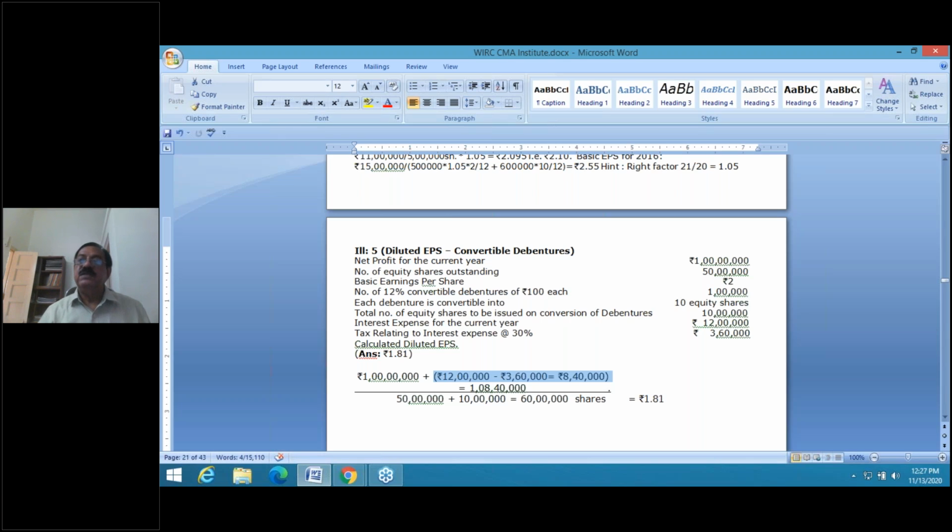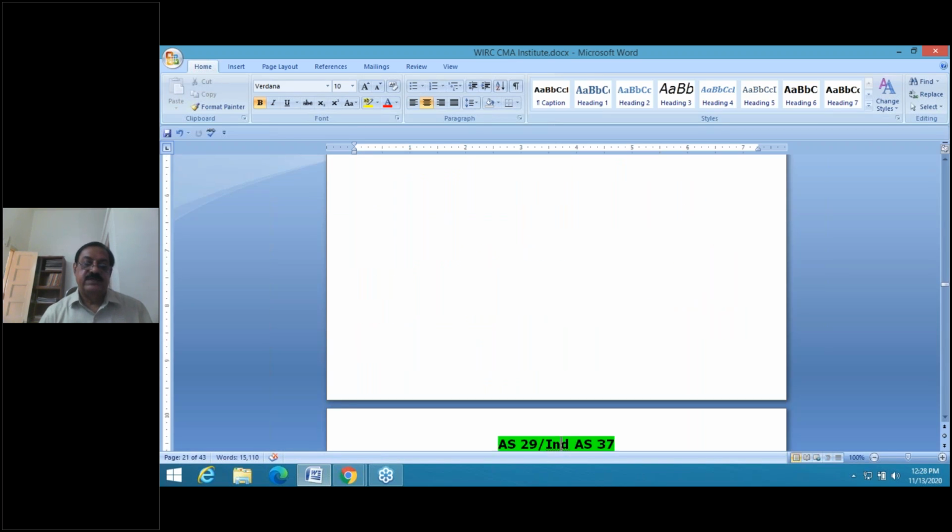In the denominator, you will add the number of shares on conversion, and if that EPS comes lesser than your basic EPS, it is known as diluted EPS. So there can be convertible debentures, potential equity shares, convertible preferences, and options issued can also come in this. But no need to go into so much detail as per your past examination trend.